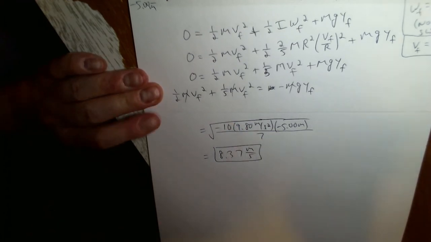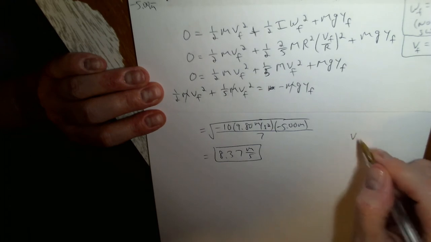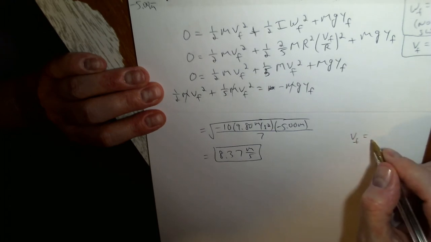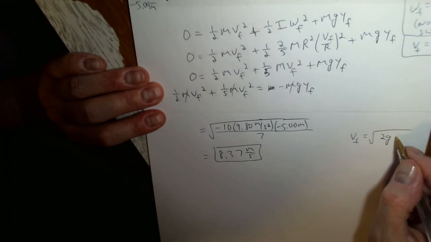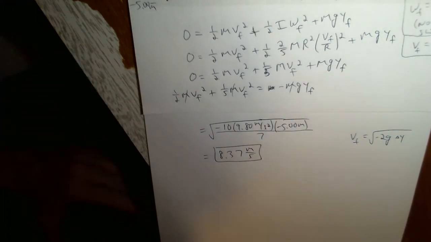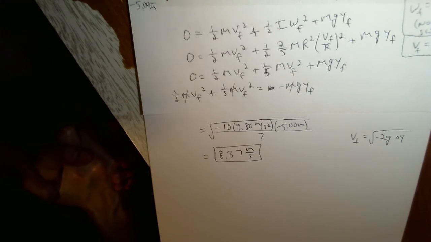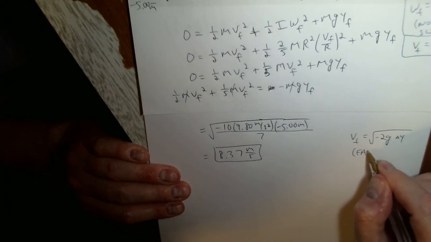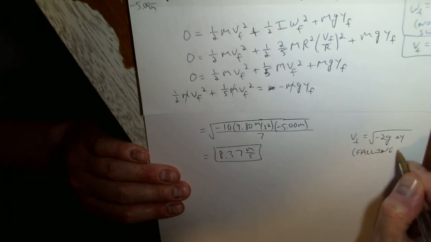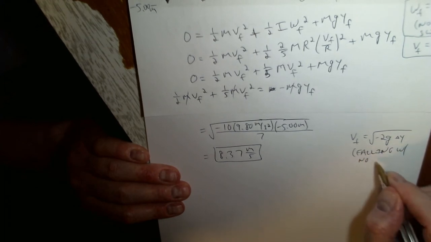Which you might remember, v final is root of minus 2g delta y, if something's just falling with no rotation.